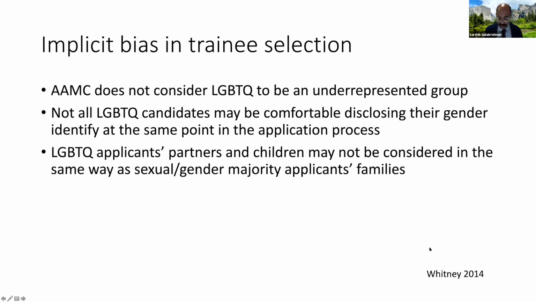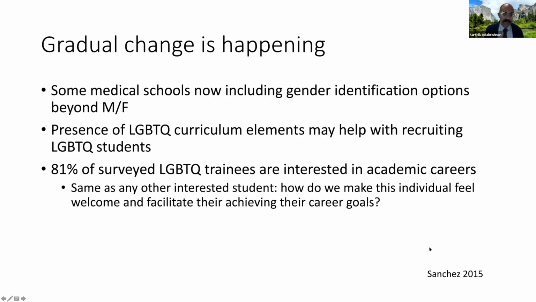So for example, we have a recruitment dinner for medical students or fellowship applicants or whatever. Oftentimes the spouses and children are invited to that, but LGBTQ applicants' spouses and children may not be as welcome or feel as welcome. But some gradual change is happening. So for example, as I mentioned earlier, some medical schools are now including gender identification options beyond male and female.